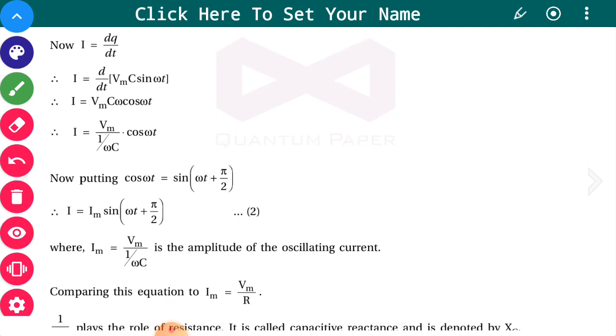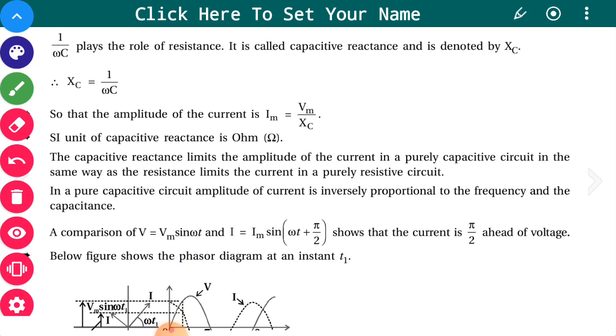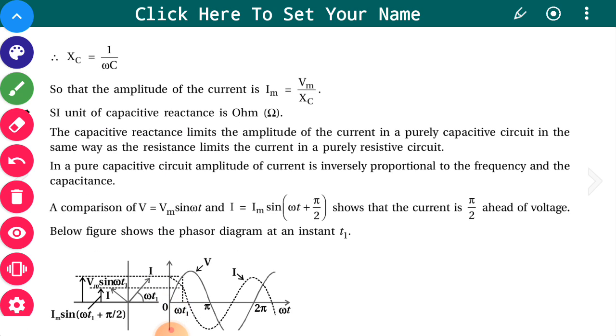So it can be easily understood. Xc is 1 upon omega C, which is known as capacitive reactance, and Im is Vm upon Xc. The SI unit of this Xc is ohm. The capacitive reactance limits the amplitude of current in a purely capacitive circuit, or it does not allow the increase in the current in the circuit.